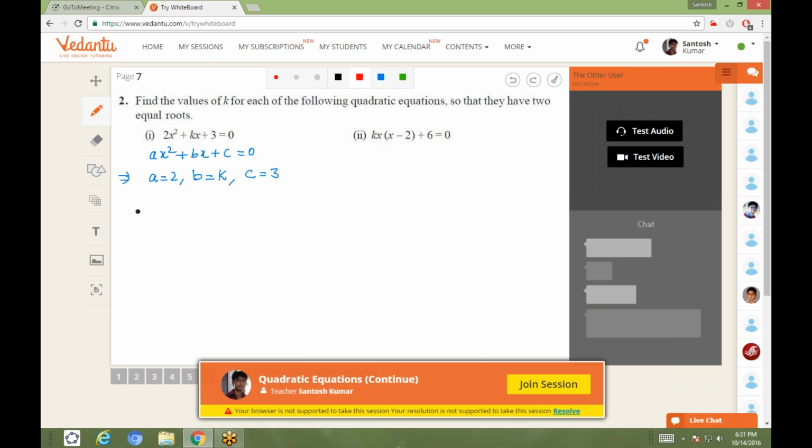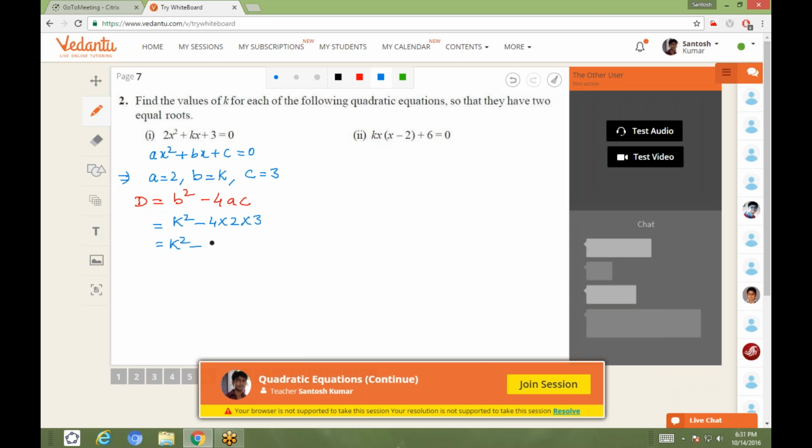So the thing we have to do is find the discriminant here. The reason behind it is that it says they have two equal roots, so we have to use the case that the discriminant will be equal to 0. So let's find the discriminant. That will be b square minus 4ac, so b square will be k square minus 4 times a, which is 2, times c, which is 3.